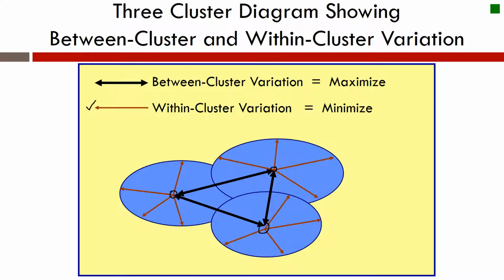The process of cluster analysis will do this for us. The dark black lines indicate distance between clusters. So while we want to minimize distance within clusters on the red lines, we want to maximize distance between clusters so that we see that clusters are distinguished from each other.